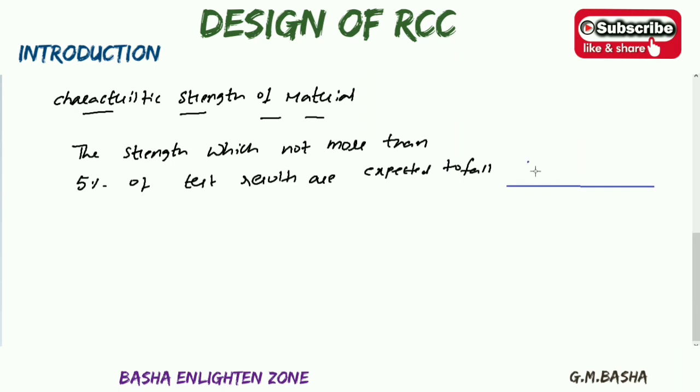So I am drawing an approximate graph of what way it will be. So like this. Here 5% of the test results means only taking 5%, not more than.